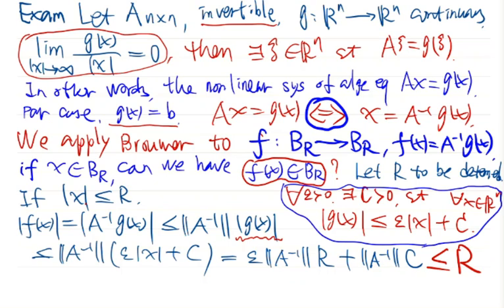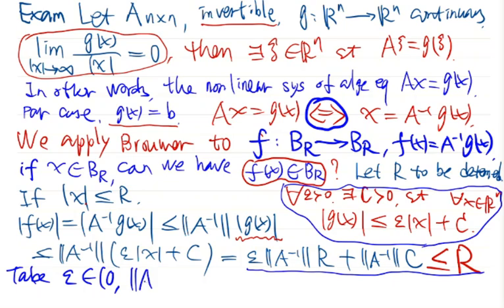Okay, so can we have this final inequality? The answer is yes, because epsilon is arbitrary. We take epsilon positive but smaller than some number, the inverse of the norm of A inverse.